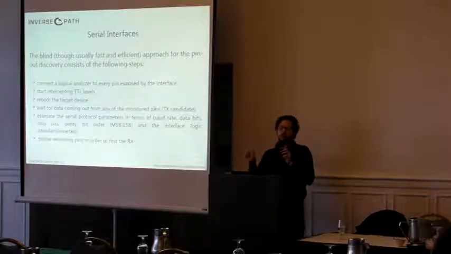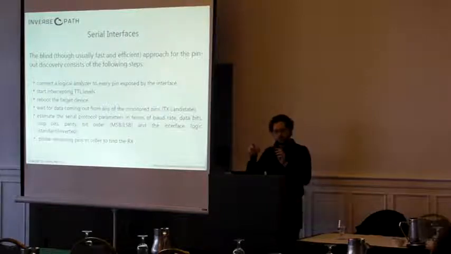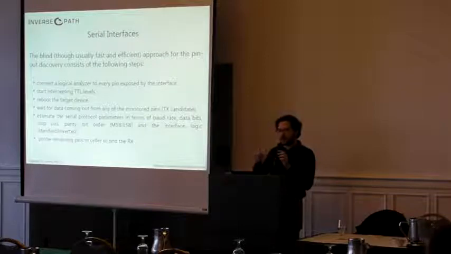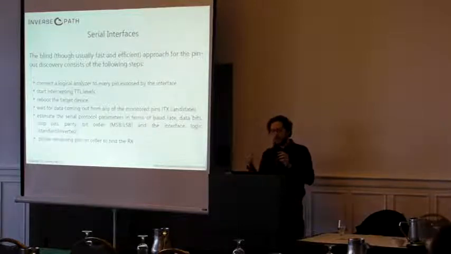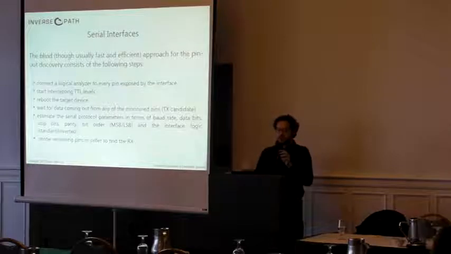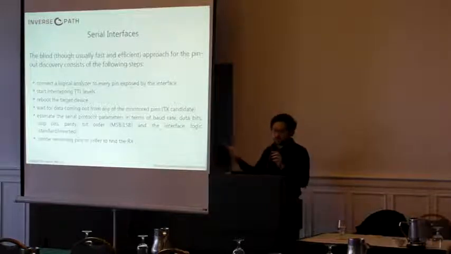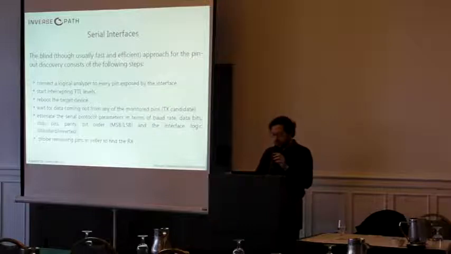Of course, the form factor will not be a normal connector. It might be something completely different, but usually you have the pins in a straight line, and they're very easy to find. In order to find one, you can start intercepting TTL levels. You reboot the device and wait for data to come out from the TX and reception pins. The protocol parameters are usually always standard.